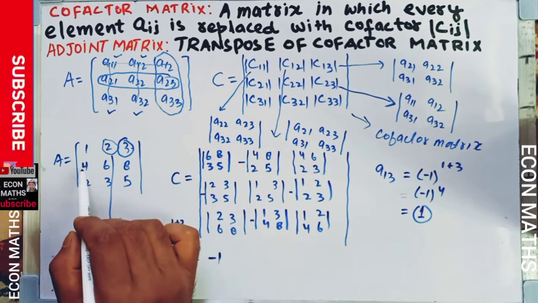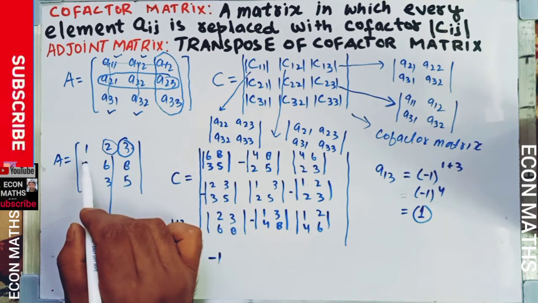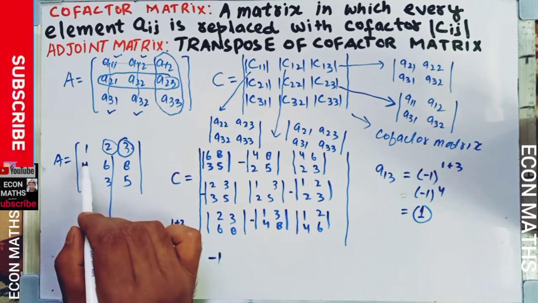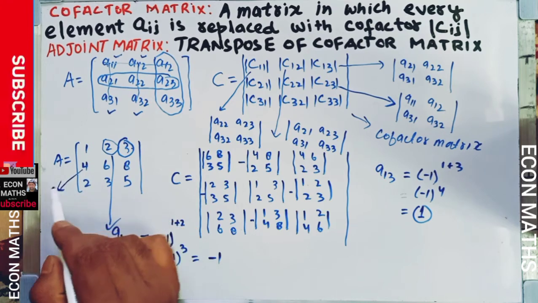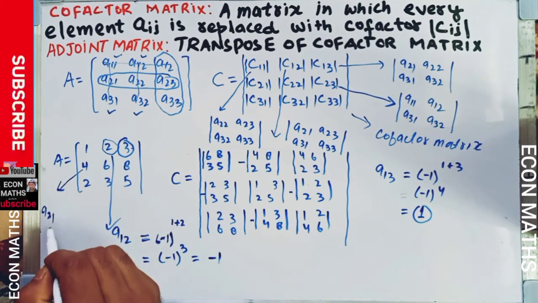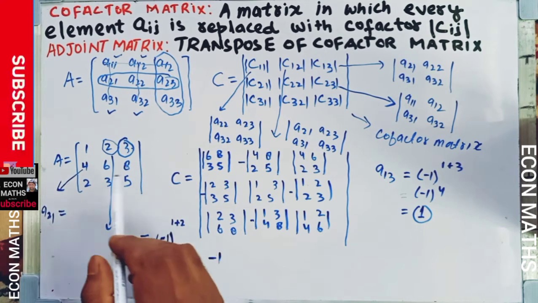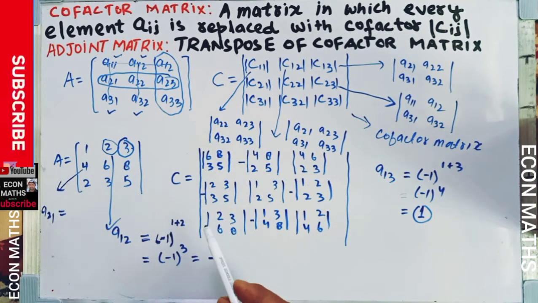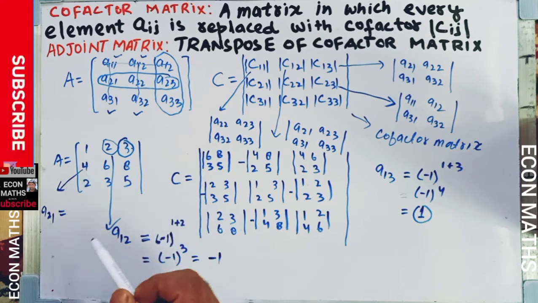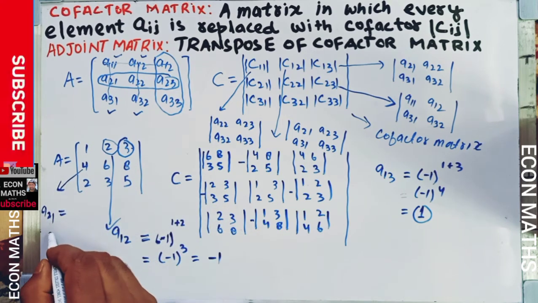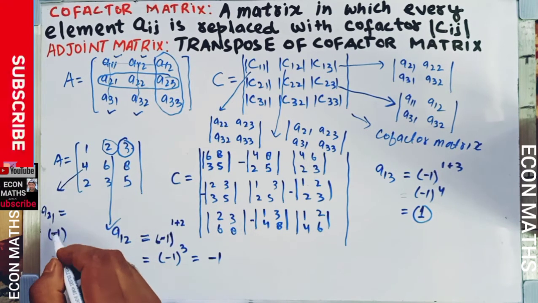Similarly, this element here, this 4, appears at A21. The address of this element is A21. Now the sign of the corresponding cofactor of this element is minus 1 raised to the power of the sum of the subscripts. This is the general formula.